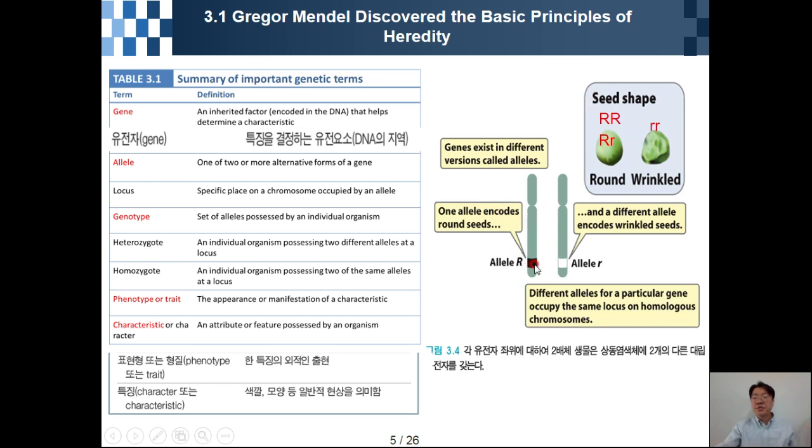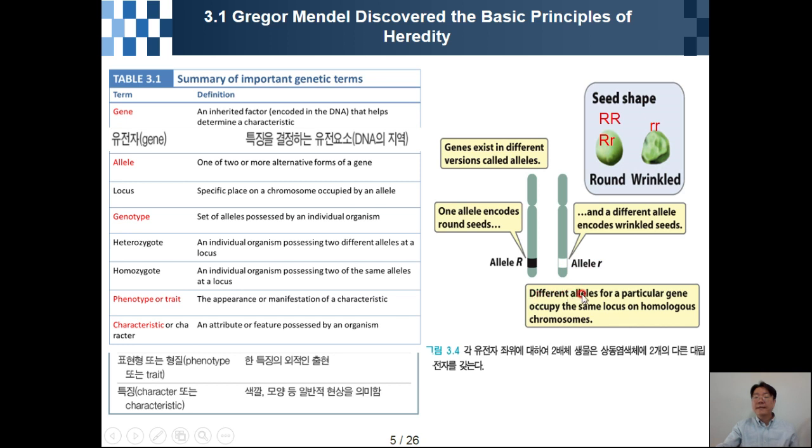The gene involved in seed shape is located around here. We call this allele large R. Another, different allele, for example this allele that produces wrinkled seeds, we call small r.